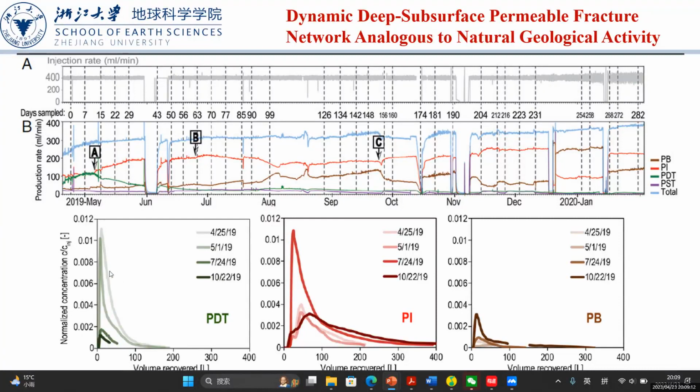Because the locations of the peak changed, they say this means the fracture activities changed, and they explain the cause of these activities was natural geological activity, like earthquakes.